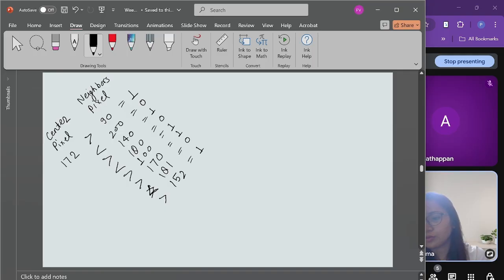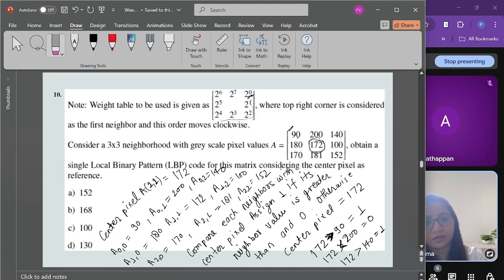Or what we need to do, one thing. No, actually I have a little bit of a mistake here. Assign 1 if the neighbor value is greater than or equal to. That means if it is greater than, then we have to assign 1. So just a minute. I have written here correctly, but interpreted wrongly.